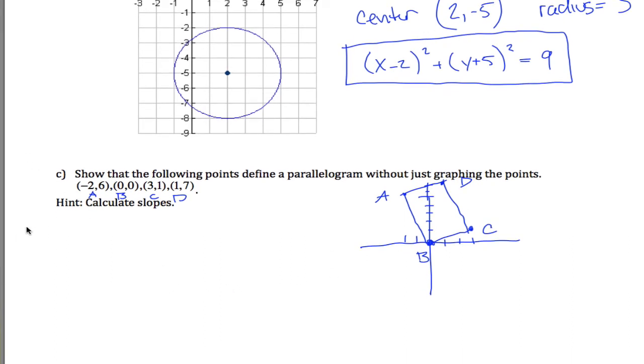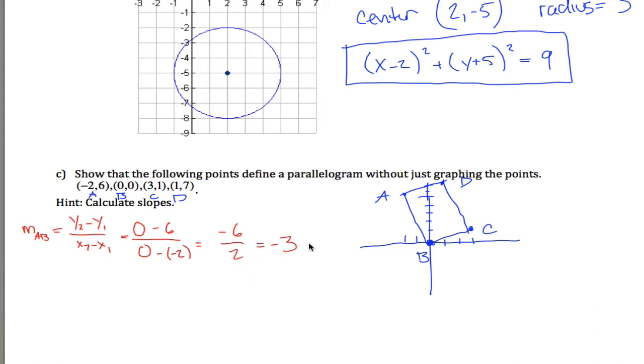I can calculate the slope of the line between A and B. The slope is the change in the y-coordinates over the change in the x-coordinates. So the y-coordinate here is 0, and from that I want to subtract the y-coordinate here, which is 6, and divide that by the x-coordinate here, 0, minus the x-coordinate here, -2. And so what I get is -6 over 2, or -3.